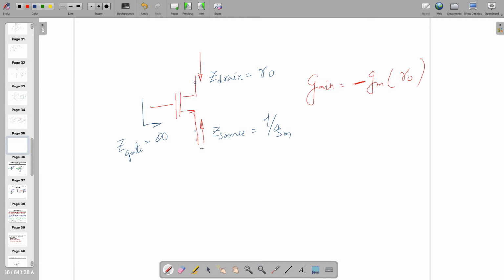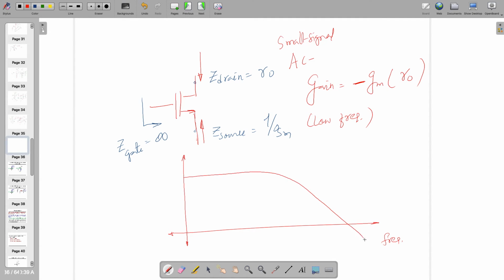So the ratio of this one is going to give you the small signal AC gain, applicable only for low frequency. So with respect to frequency, it will be something like this.